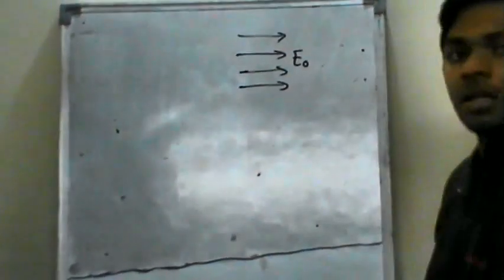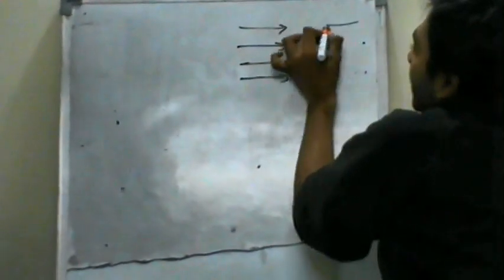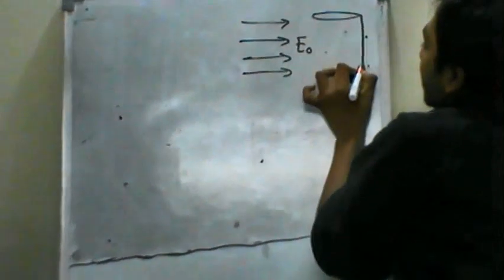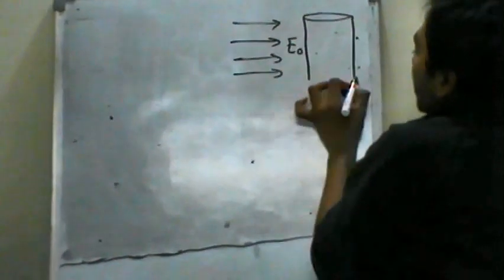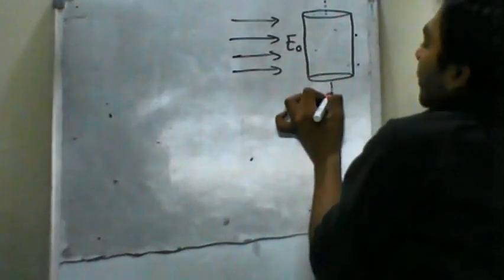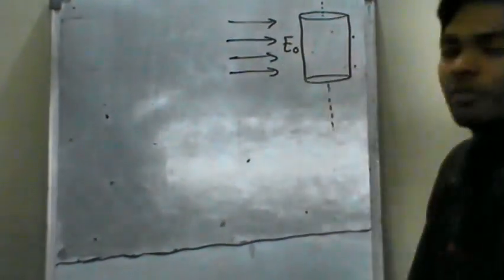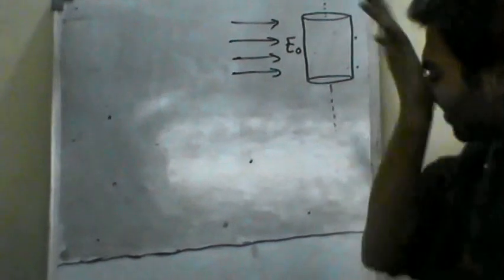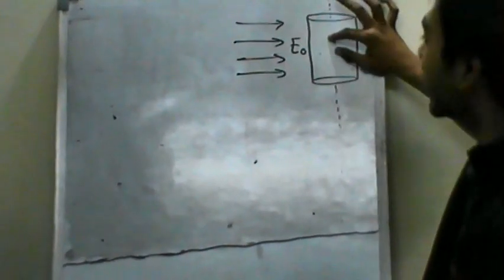Now in this region you place a very long cylinder, extending to infinity, made of dielectric material. Your aim is now to calculate the field inside the cylinder.